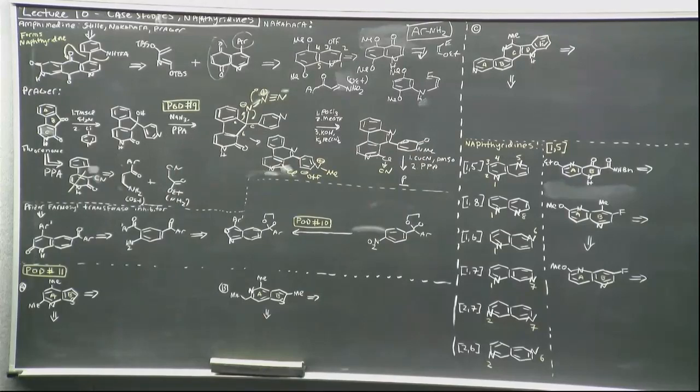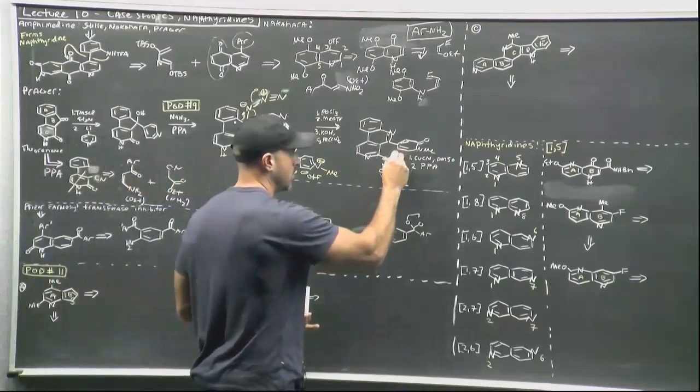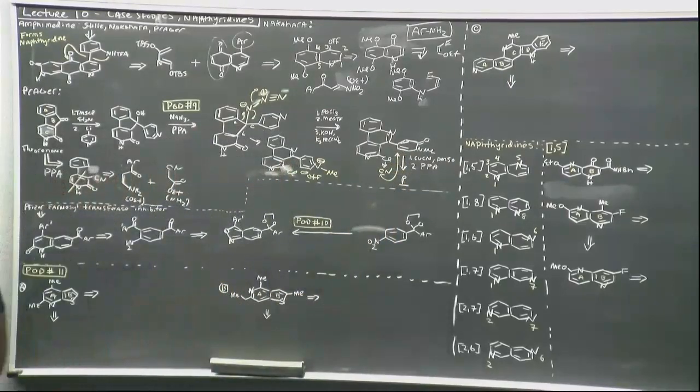And there's our closure, right here, with PPA. Loss of ammonia after cyclization. You see that? Yes? Good. Pretty sneaky.